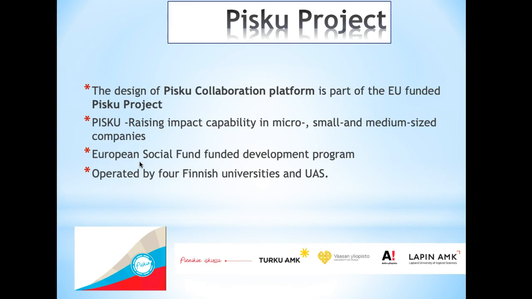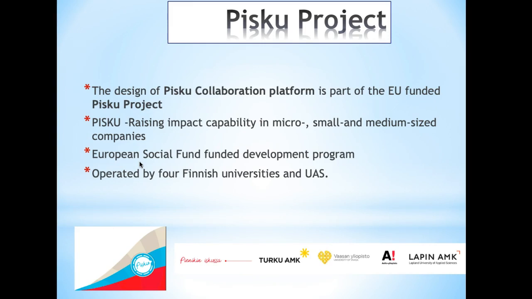Now, as I was saying earlier, this industrial project is part of a bigger project, that is the PISCO project. Briefly talking about this PISCO project, it is a project that is being funded by the EU, and the goal of this project is to raise impact capability in different types of SMEs, that is micro, small, and medium-sized companies.